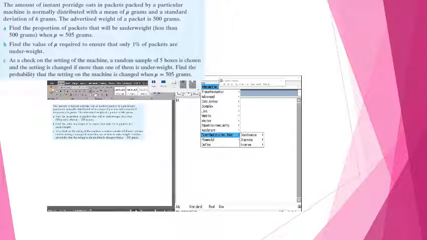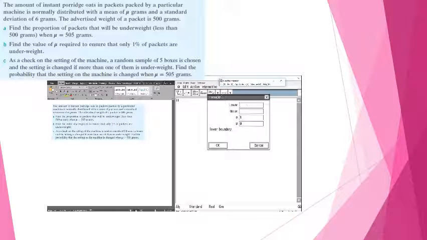So it will be less than 500 grams if the mean is equal to 505. Using our normal distribution, we have the lower bound to be negative infinity, and then we want to stop it at 500.